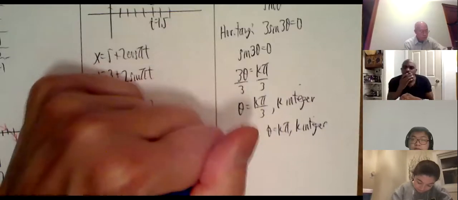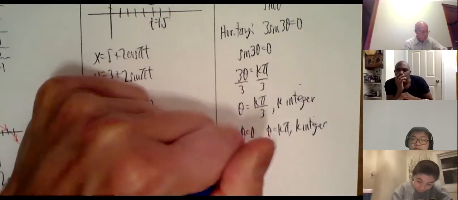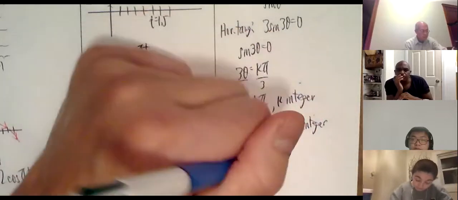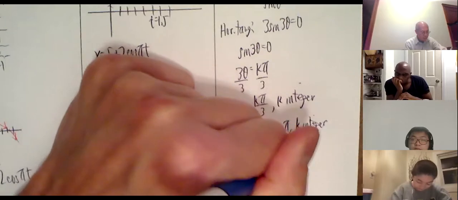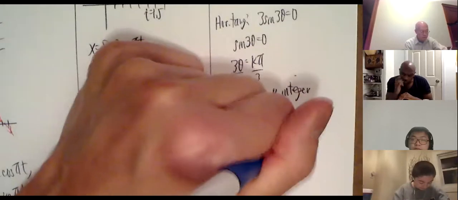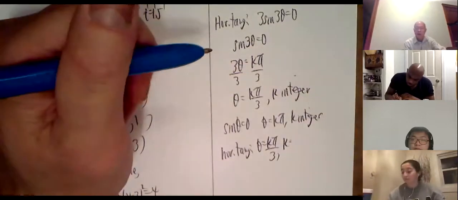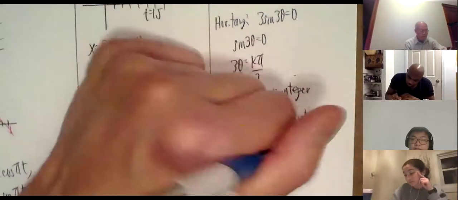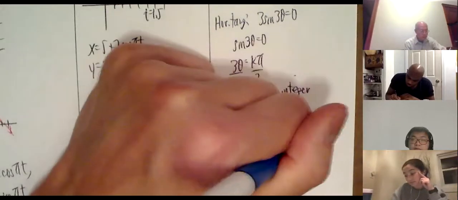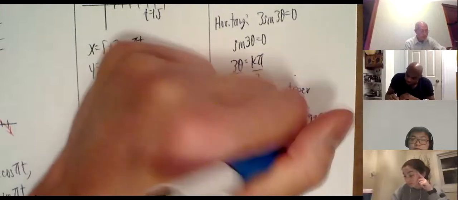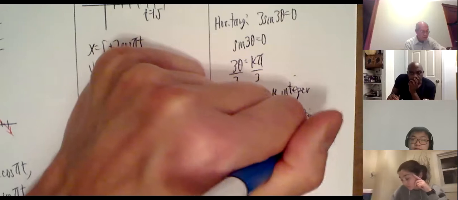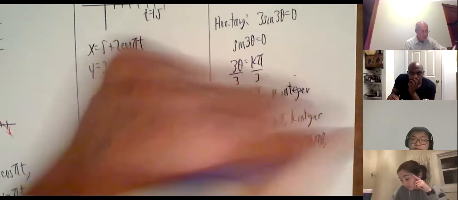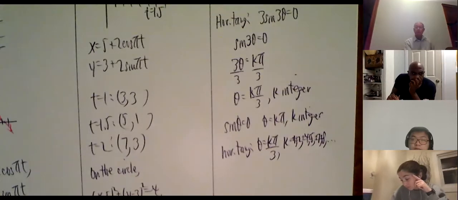So horizontal tangent, theta is k pi over 3. The easiest way for me to say this right now is 1, 2, but not 3, 4, 5, but not 6, 7, 8, and so on. And that could be plus or minus. It's kind of a funny way of saying it.